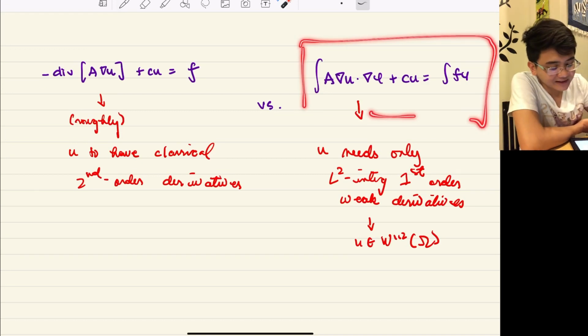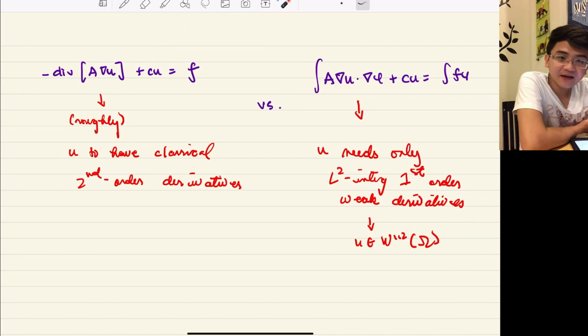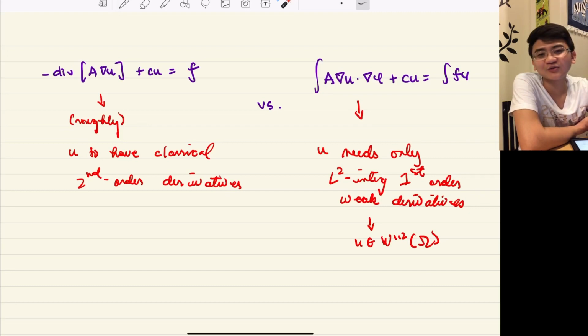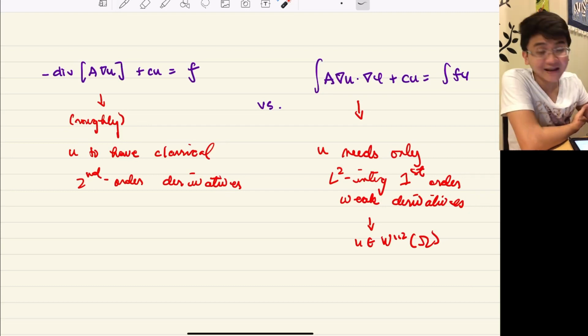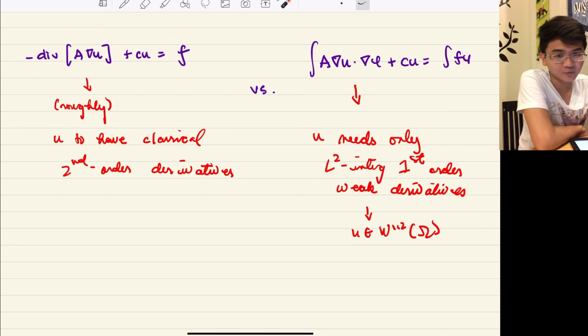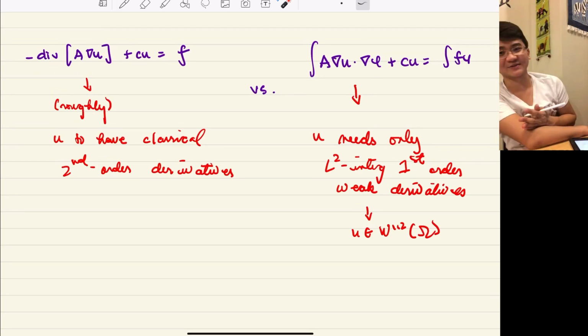Okay. So we focus now on this one. We know that a classical solution solves this, but just focusing on this one and trying to see the functions u that satisfy this, and then probably show how many weak solutions you have, and whether a weak solution is like a classical solution. But I'm getting ahead of myself. So focusing on this one, the solutions to this one are what we call a weak solution.